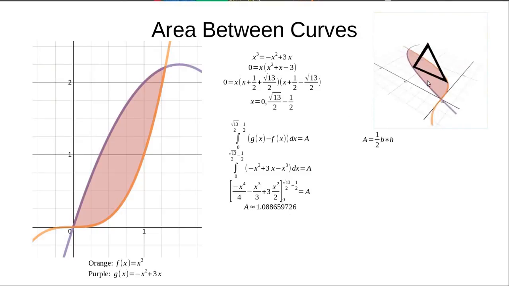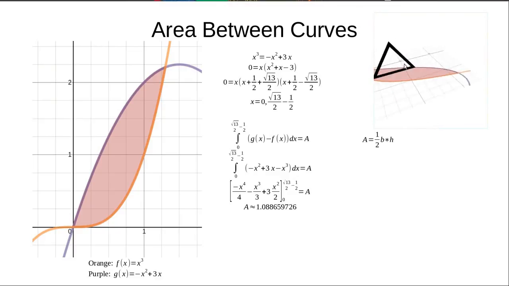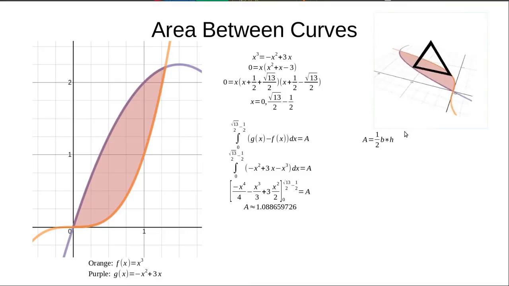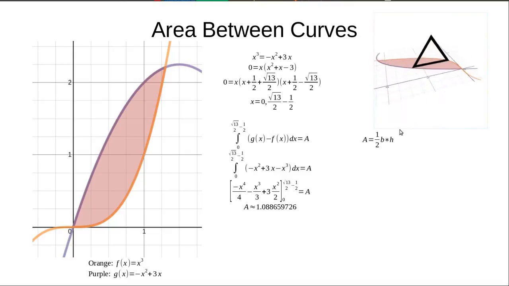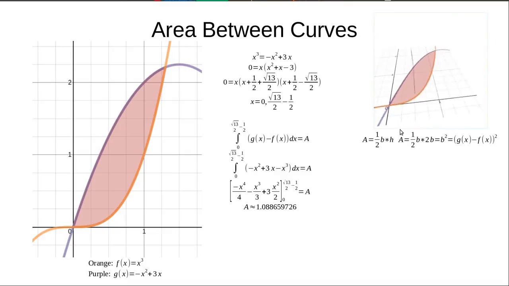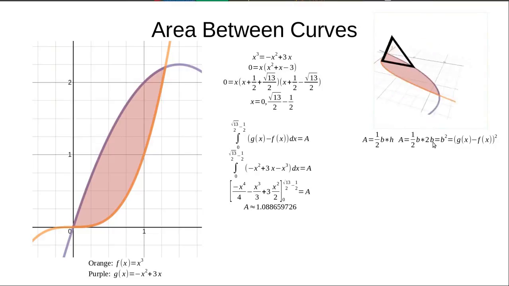Now, if you have a triangle or some shape sticking out of your area function, you can also find the volume that's created if you have an infinite amount of these triangles. So in this case, I'll use where the height is twice the base, and then I can solve for the area being b squared.